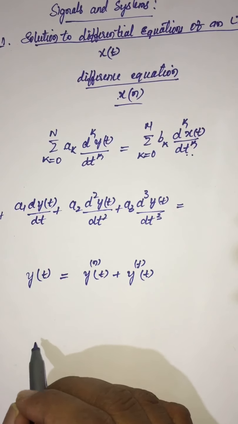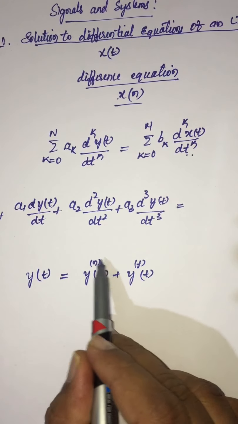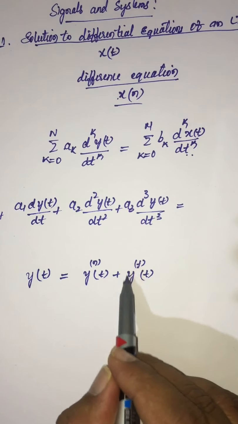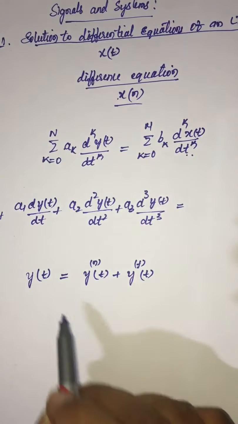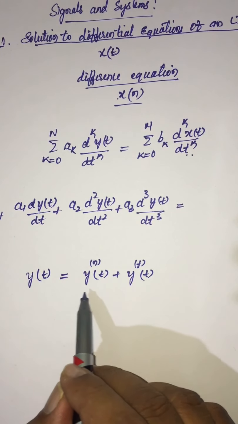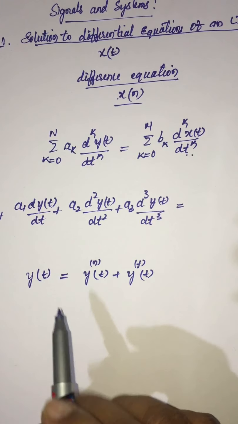Now individually let us come to know how to compute natural response, and individually how to compute the forced response, and finally let us try to compute the total response by computing both the natural and forced response collectively.